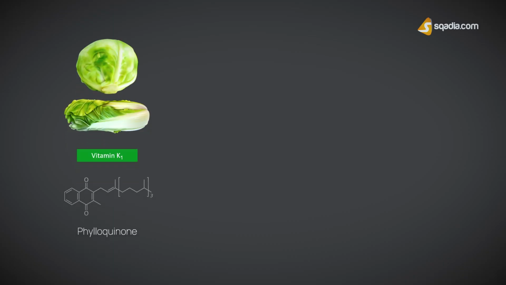Vitamin K1, also known as phylloquinone, is found in green leafy vegetables such as spinach, cabbage and cauliflower.